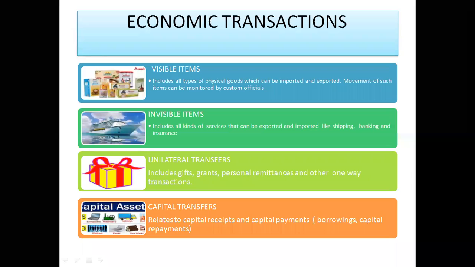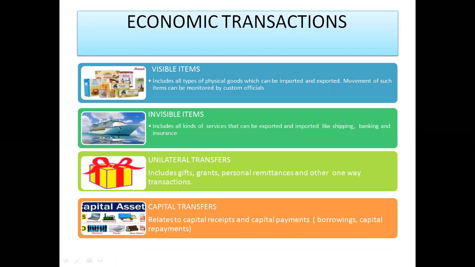If I am importing a banking or insurance service from another country, I am taking the service, so I have to pay for it, right? That is an economic transaction, because one has to bear a loss or expenditure, and one has to gain something.